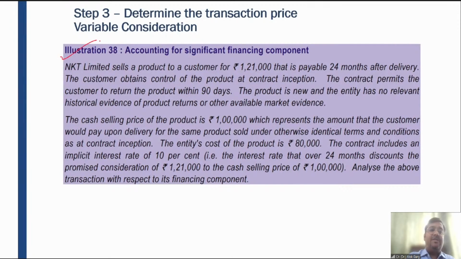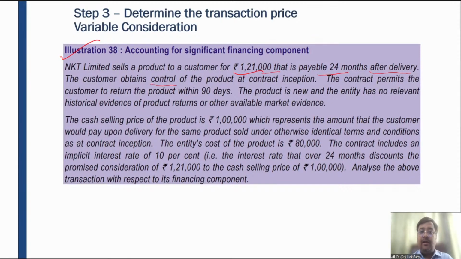Now let's discuss illustration number 38. NKT Limited sells a product to a customer for rupees 1,21,000 that is payable 24 months after the delivery. So the price is 1,21,000, which is payable 24 months after delivery.